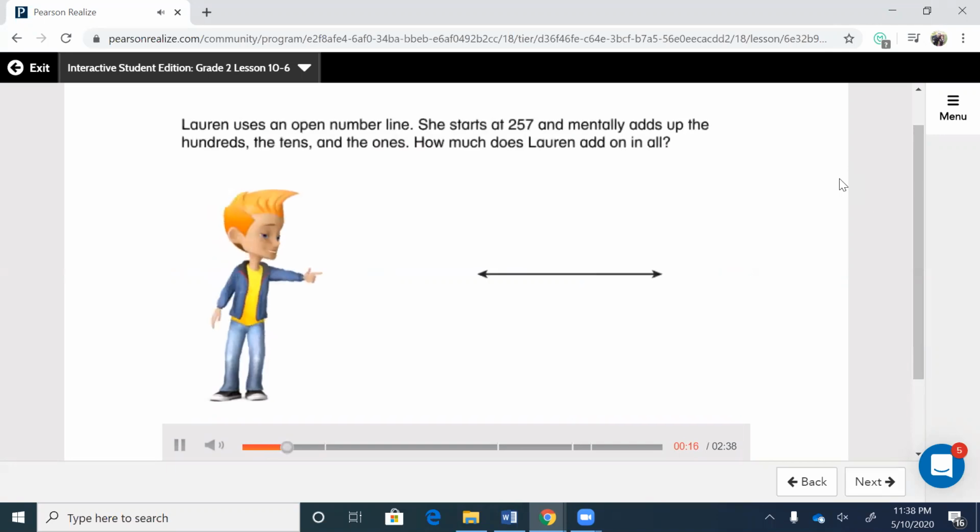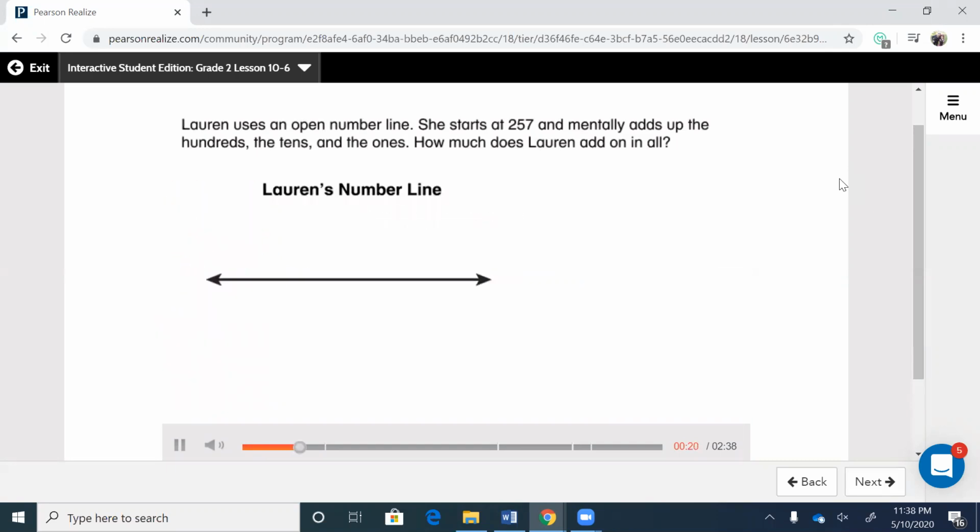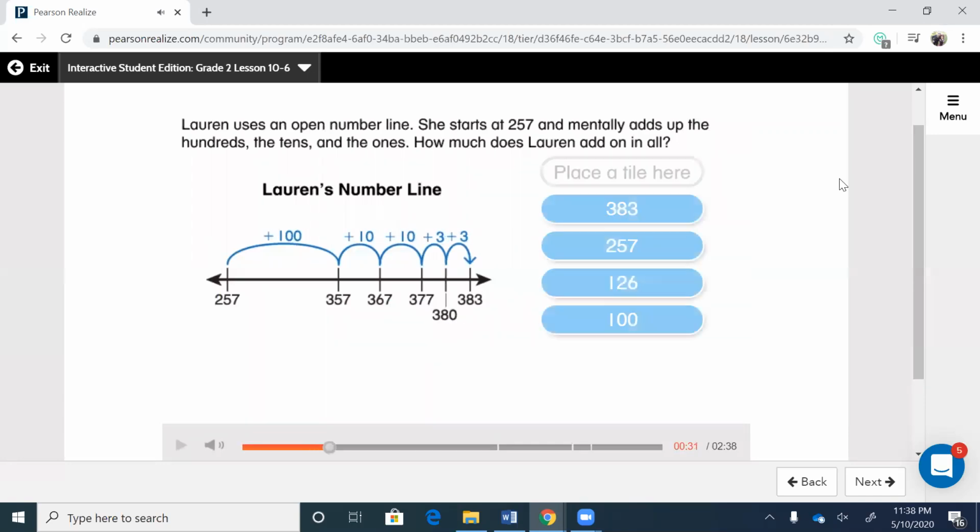Lauren uses an open number line. She starts at 257 and mentally adds up the hundreds, the tens, and the ones. How much does Lauren add on in all? Select your answer.